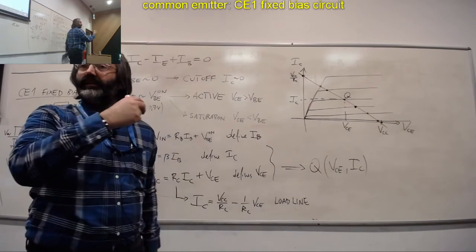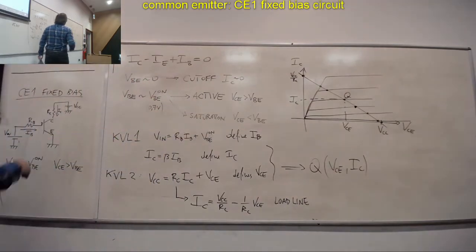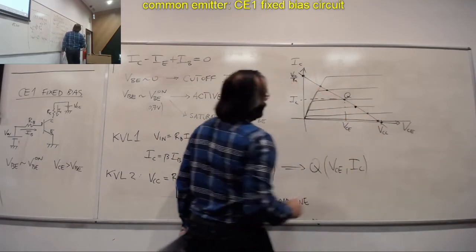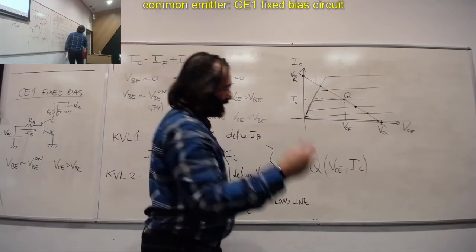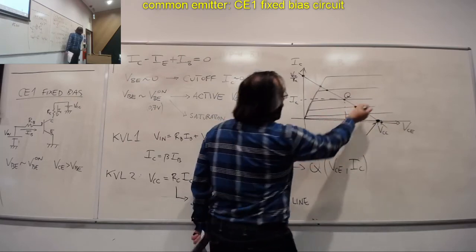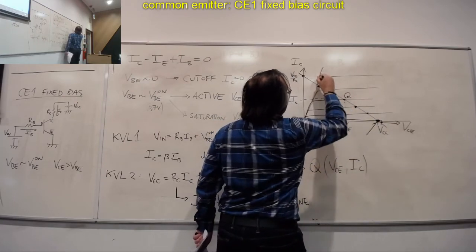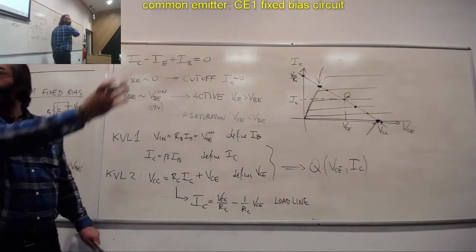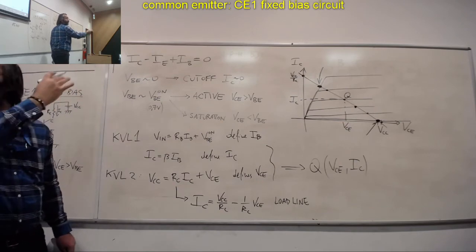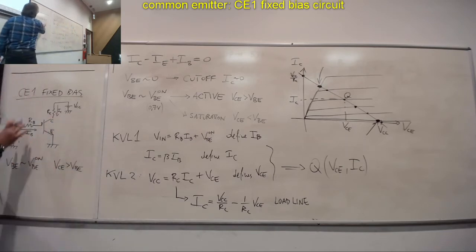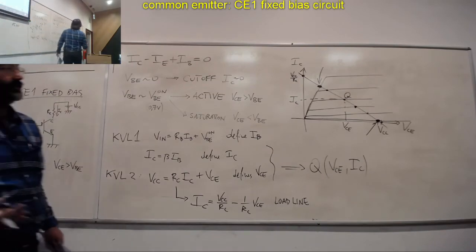Depending on the specifics of the circuit, the values of the components, I could bring the transistor from cutoff, off, to active, to saturation. So I can explore effectively all the important modes of operation simply by changing RB, RC, or VIN, or VCC. These are the things I can play with.